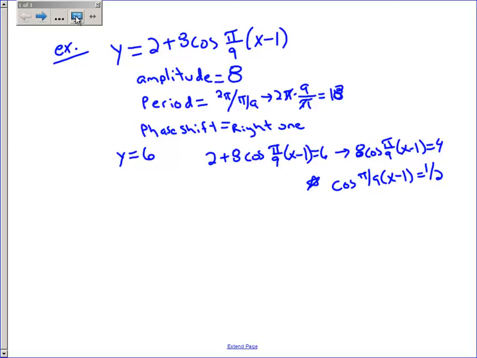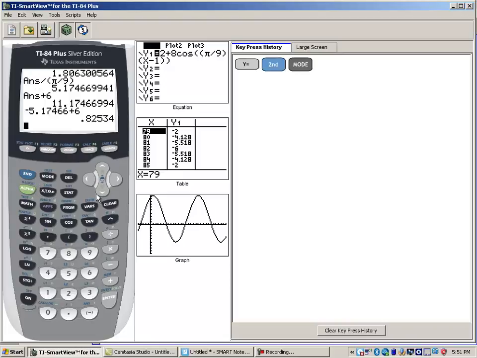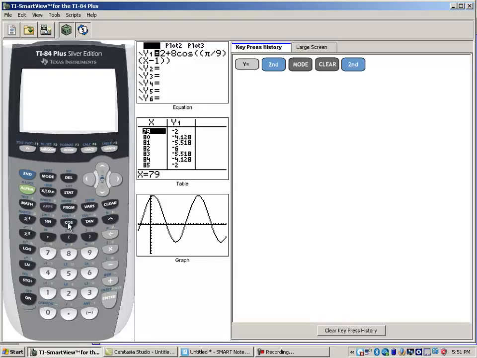So let's go back and ask our calculator from the home screen. Alright, what is the arc cosine of 1/2?